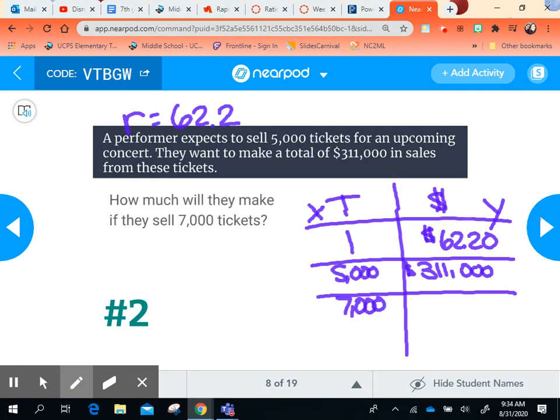Not divide. Yes, Junior, we are multiplying. We are going to multiply from left to right. So we take 7,000 times our unit rate to solve for how much money is in our Y column. Go ahead.